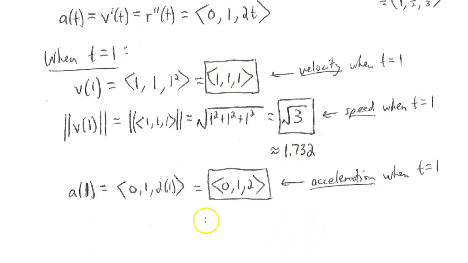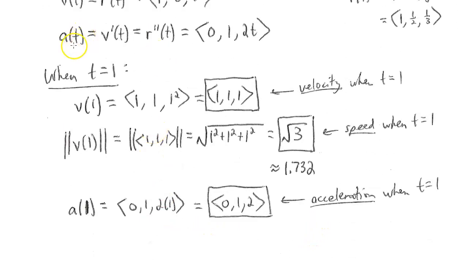And finally, what's your acceleration? Plug in 1 for t. So what's a of 1? If we plug in 1 everywhere we see a t here, we're going to get 0, comma, 1, comma, 2 times 1. So it's 0, comma, 1, comma, 2. That's your acceleration when t is 1. And notice the acceleration is a vector. If you want to figure out how much pull you are experiencing at that moment, what's the magnitude of the acceleration vector?